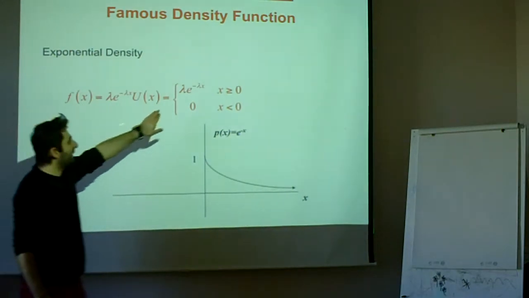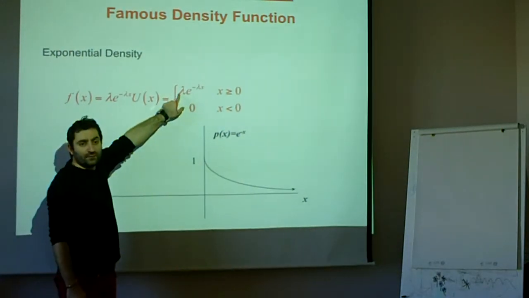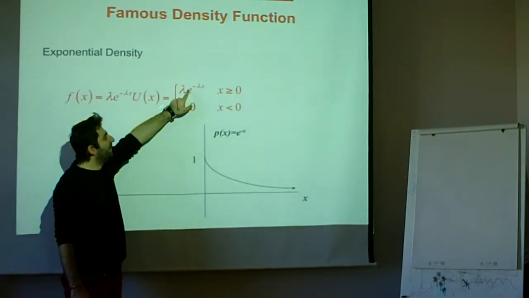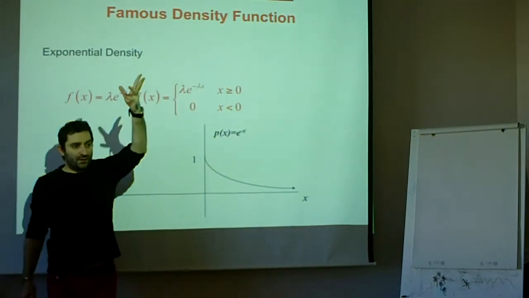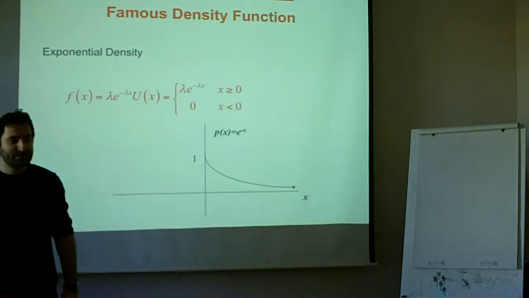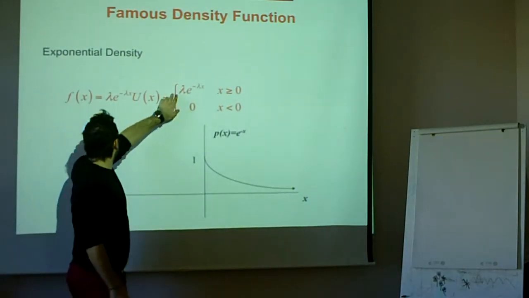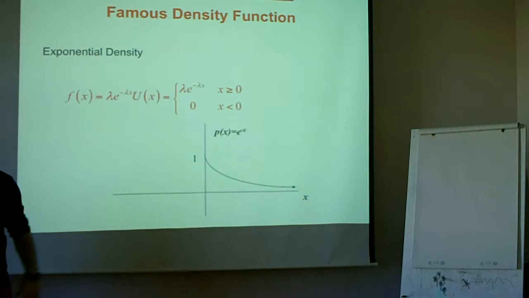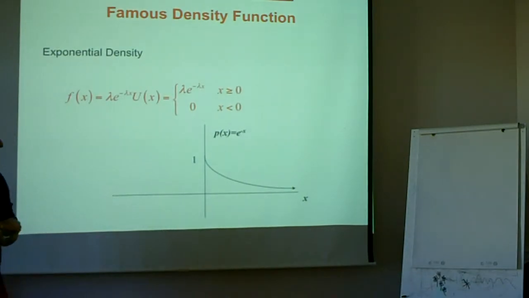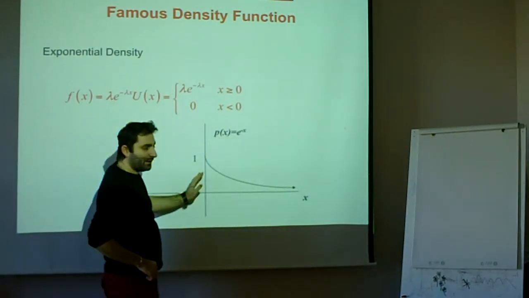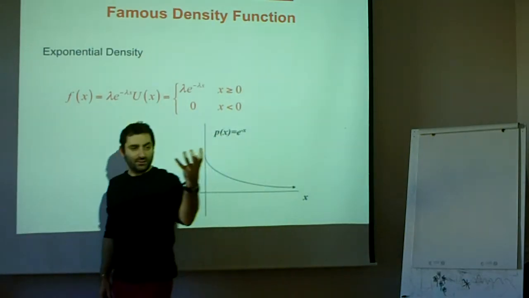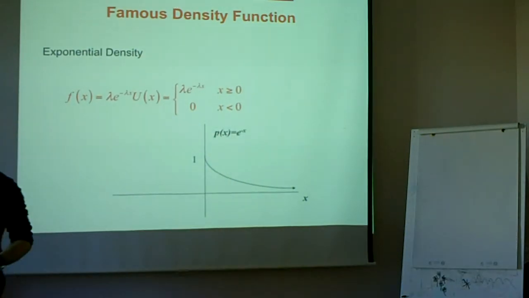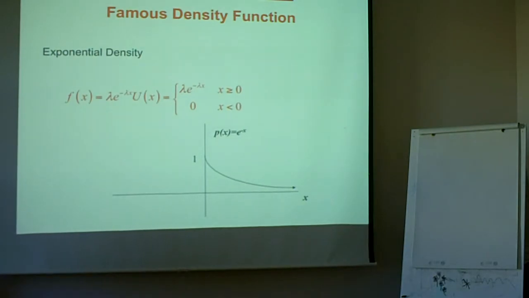If lambda is a negative number, for example minus 1, e to the power of a value is always positive, so multiplied by a minus, it means the value of the probability is negative. We also know it would become an unbounded function, in other words it would go to infinity, and we know the area under this graph should be 1.